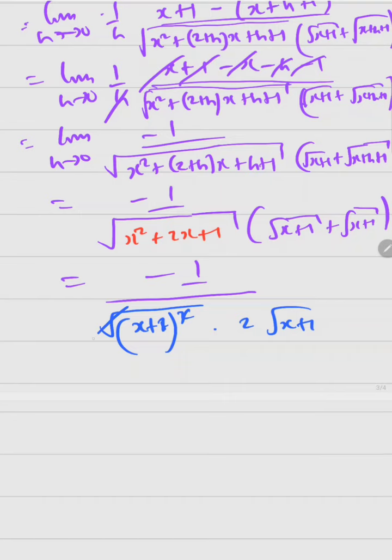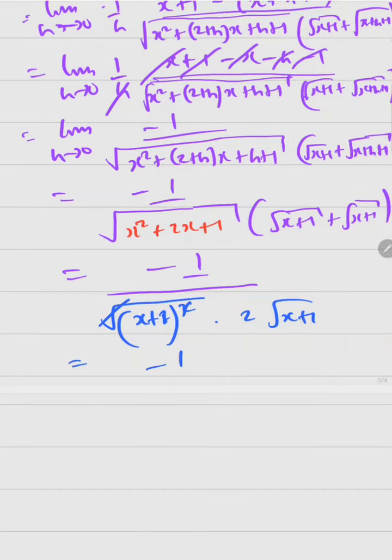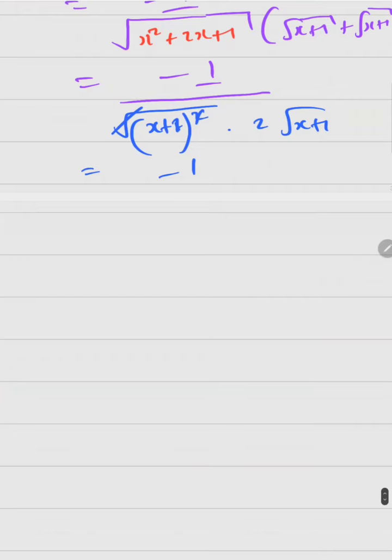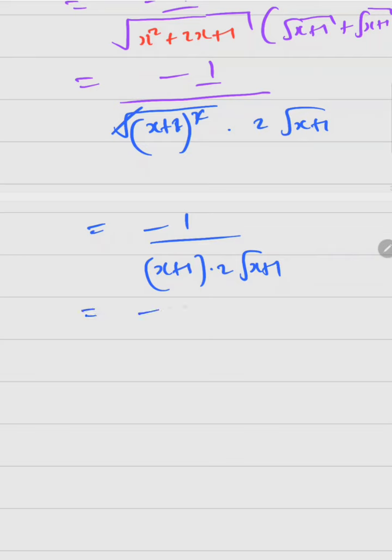Then this will cancel this. Then I have minus 1. So let me just put it here. Then this gives minus 1 divided by x plus 1 multiplied by 2 root x plus 1. To proceed further, I can just take this out here too.